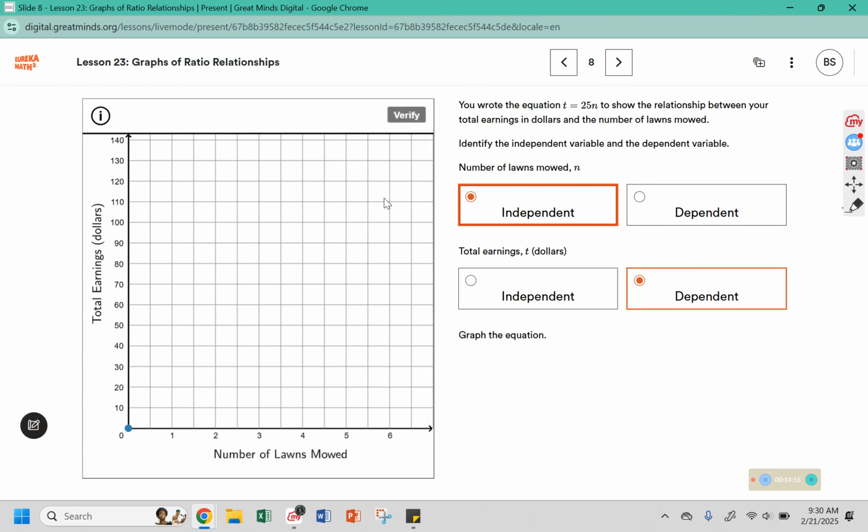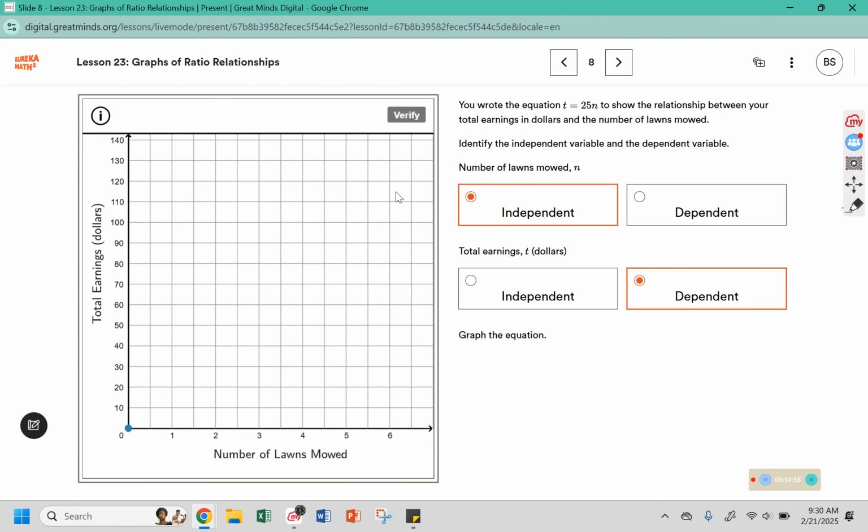And then there's also a button up here where we can click verify, but I believe we have to put some points on there first. It does say graph the equation. So for 1 lawn mowed, we earn $25. For 2 lawns mowed, we earned $50. For 3 lawns mowed, we earned $75.